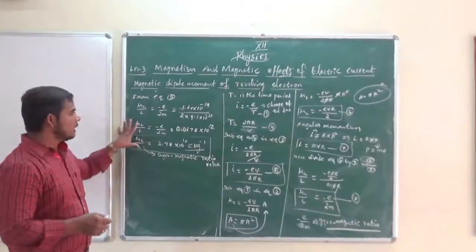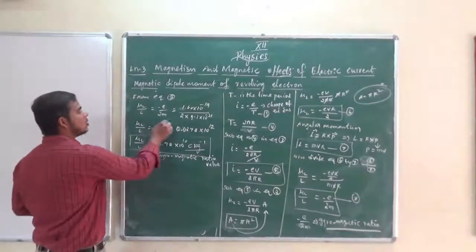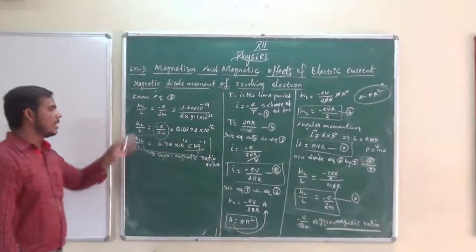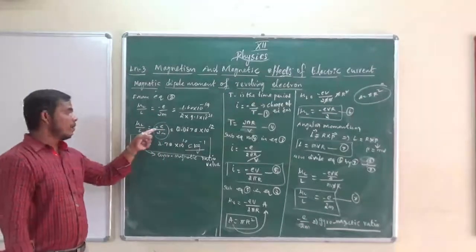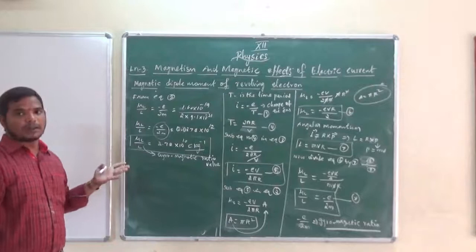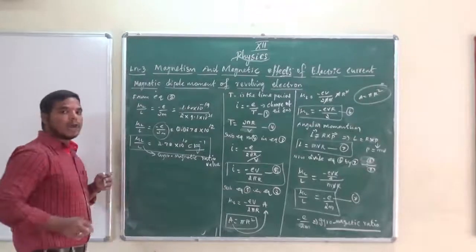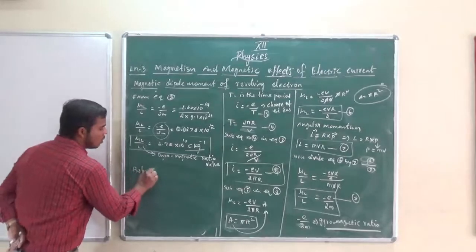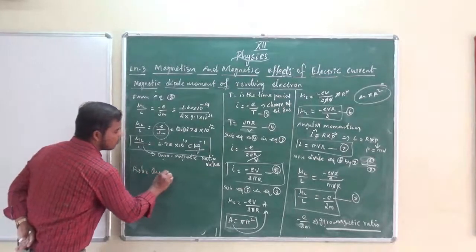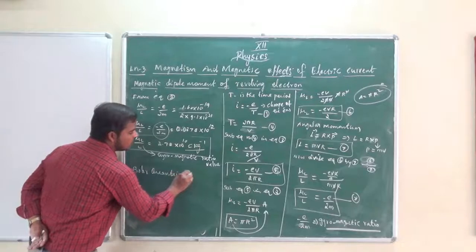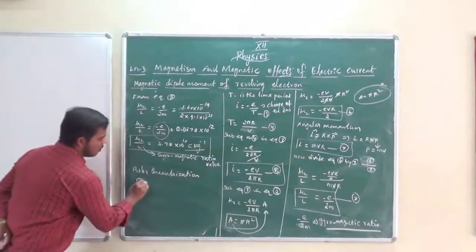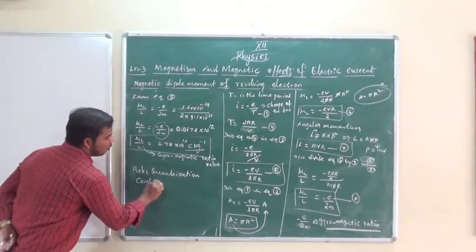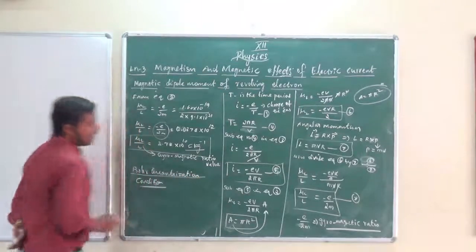Any doubt? The gyromagnetic ratio is also represented as minus e by 2m; the minus indicates that the charge of the electron is negative. Next we have to use Niels Bohr quantization. We will discuss what Bohr quantization is in our 8th lesson.